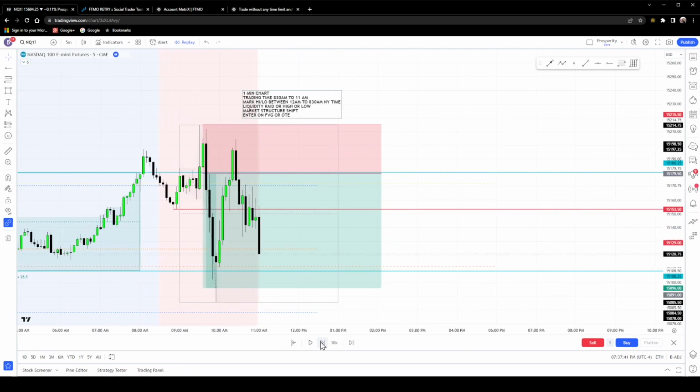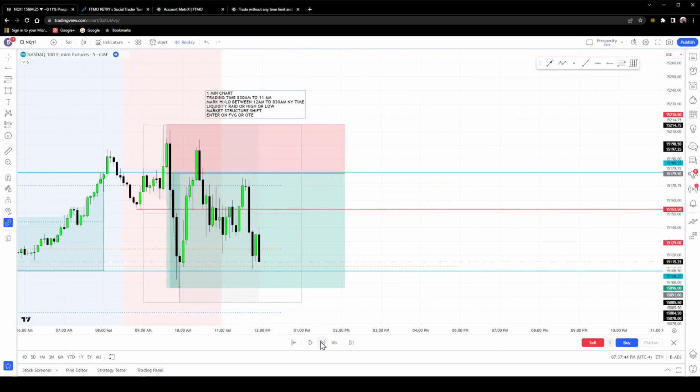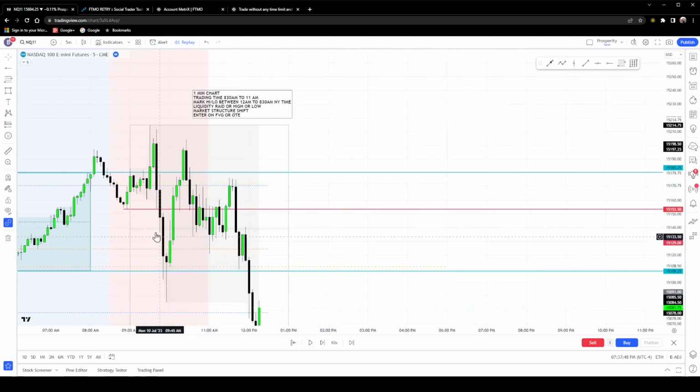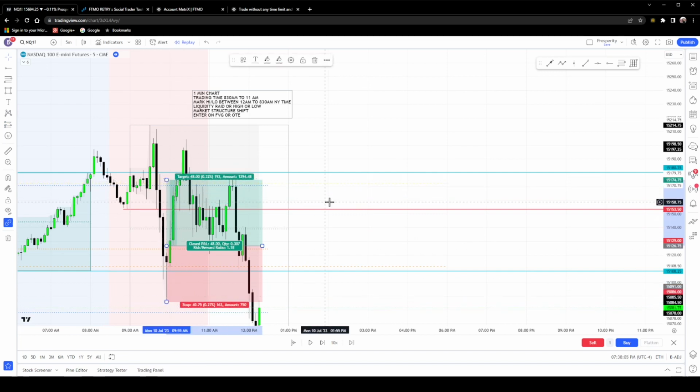Tag in, and then full TP. Now, granted, if you did go in on this fair value gap, I think you got a 1-to-1 at least. Yeah, you would have gotten 1-to-1.